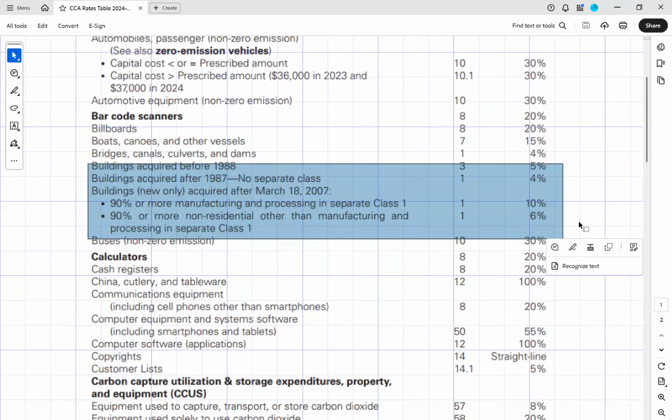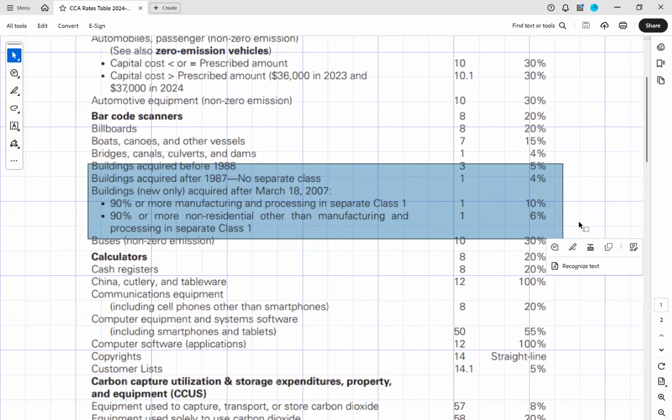The government said, if your building is used 90% or more for manufacturing or processing, you get a 10% CCA rate, up from 4. If it's for non-residential use, meaning that it's not for housing, for example a head office or some sort of office building, then you get 6%. And that's where the building in our question fits. It's the 6% rate that they'll get because it's non-residential.